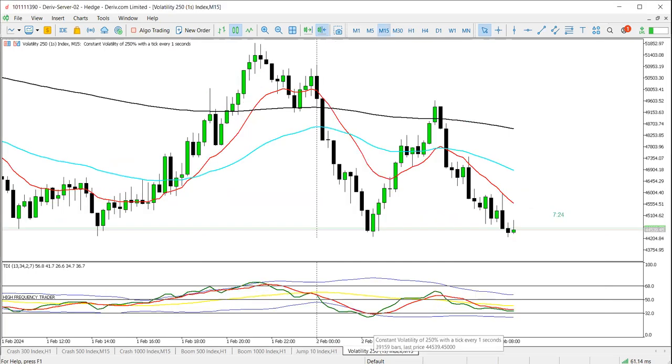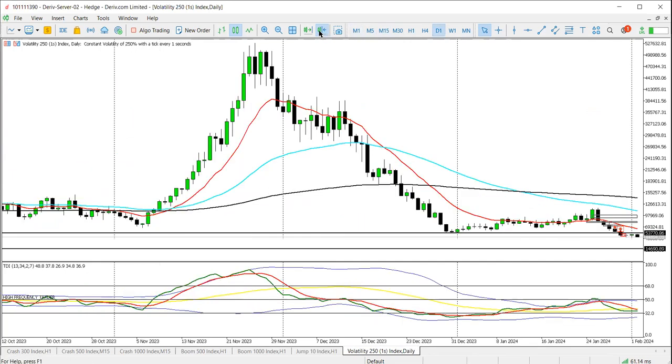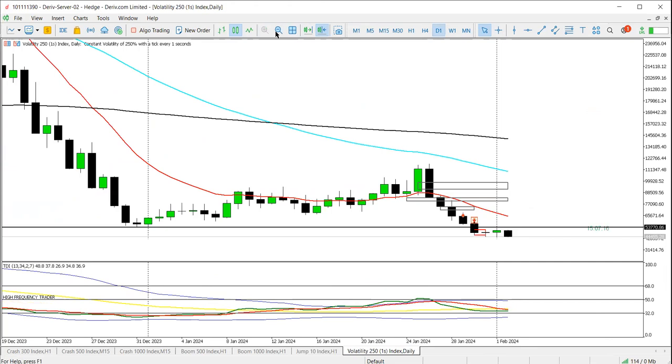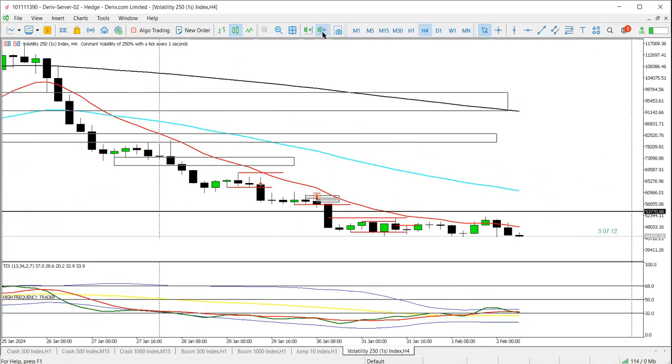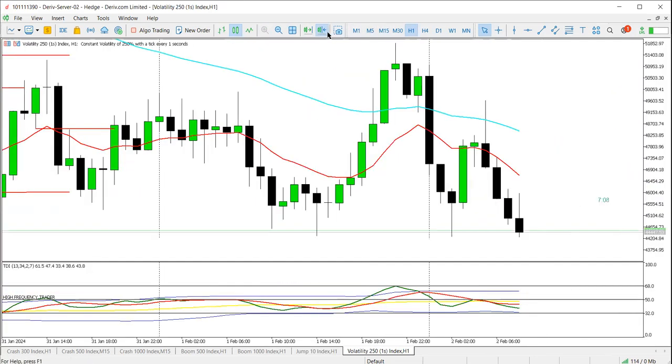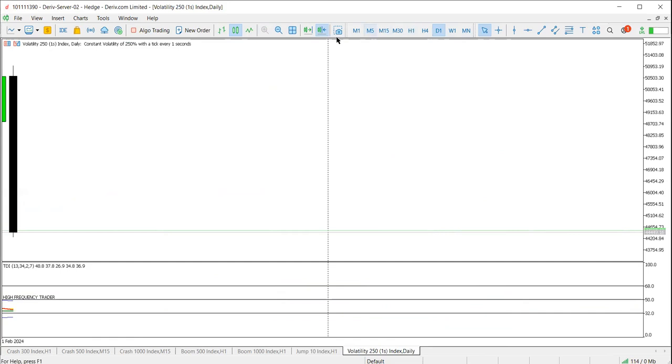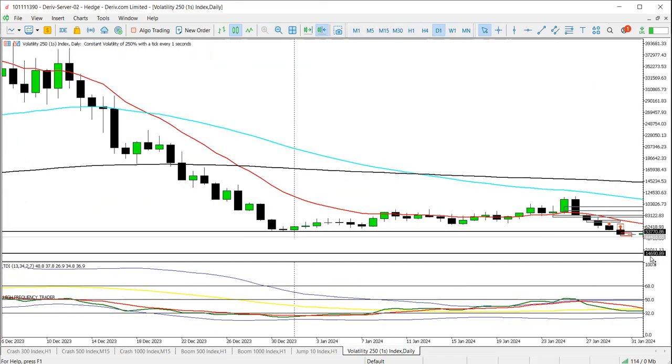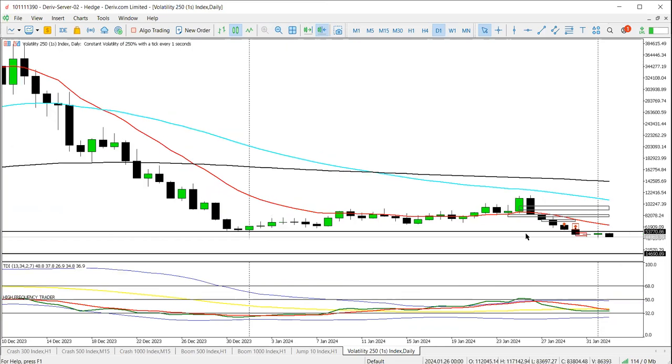Then going to V250, we've had a bearish view. Let's see what we have on H4. I think I would be bearish on this one, just coming from the daily. Remember, we spoke about price coming as low as 14,690.